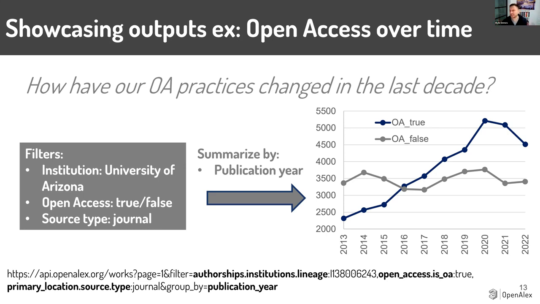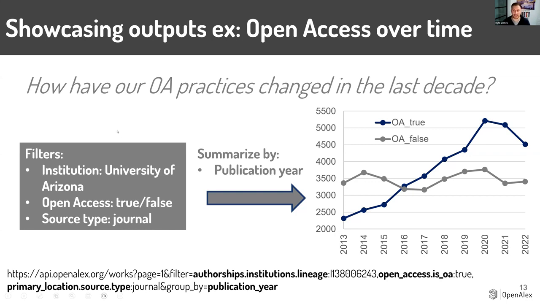And then I limited to source type journals because I didn't want to worry about data sets and things like that at this point. And then I downloaded the data by summarizing by or grouping by publication year. And then I made this graph in Excel in about 30 seconds. And I can show that when we get to the Q&A. People are interested in the mechanics of going from the download to a graph, but it's very easy to get that information.